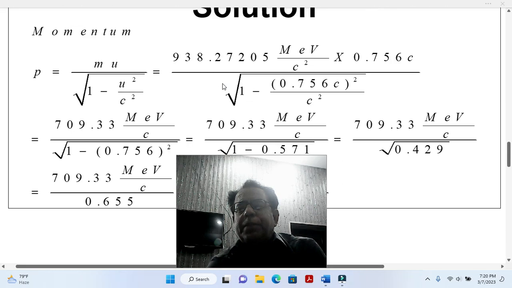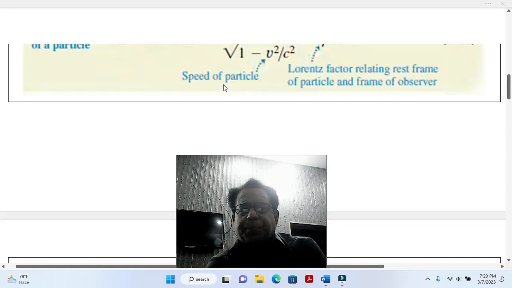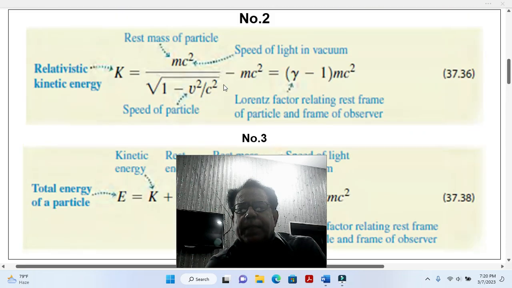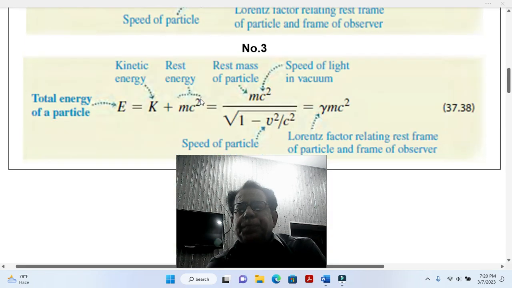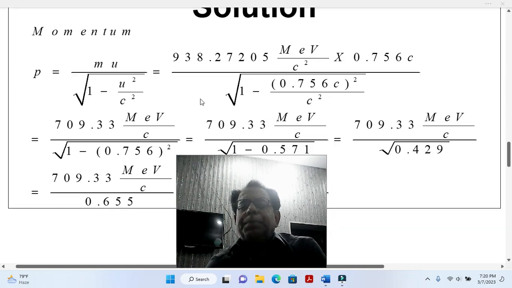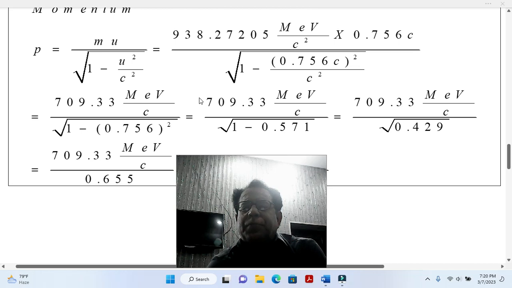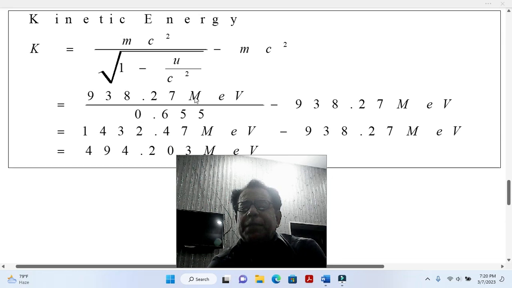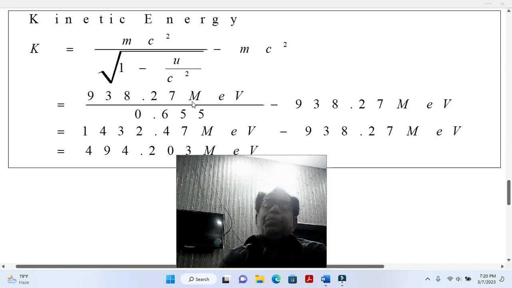We see here kinetic energy is mc square over under root 1 minus v square over c square. So v or u, sometimes we denote it by v and sometimes by u. It does not make much difference. Here one minor mistake has been pointed out.